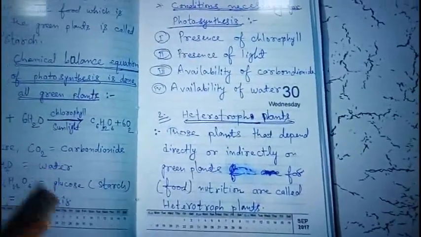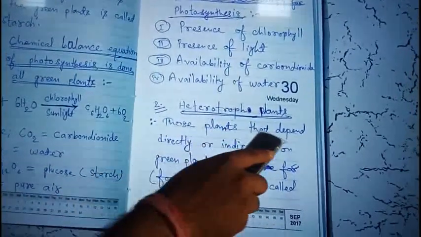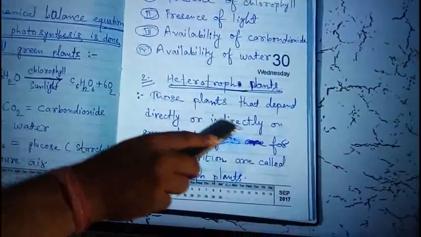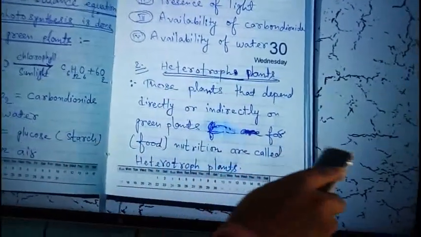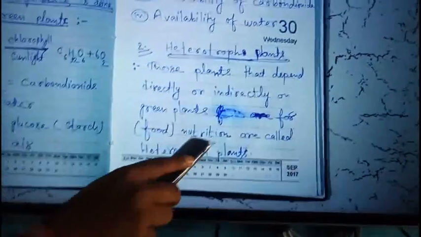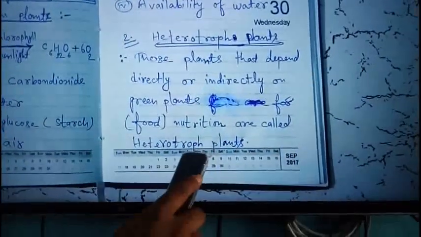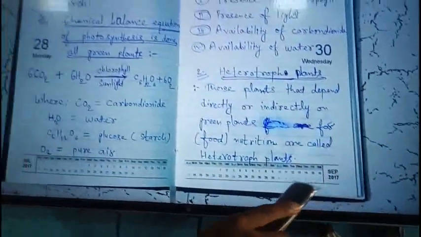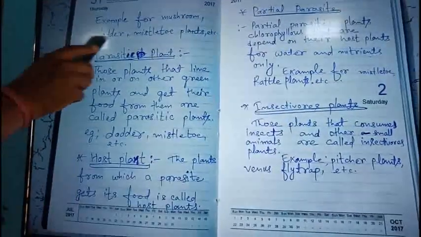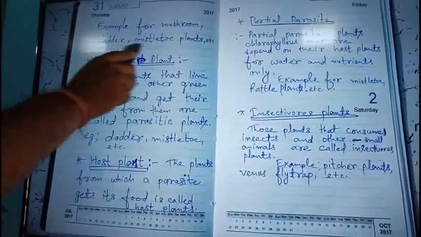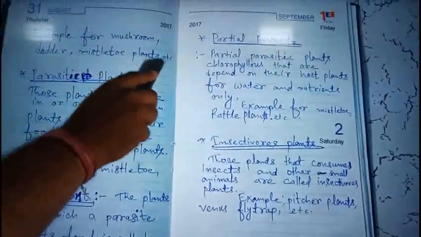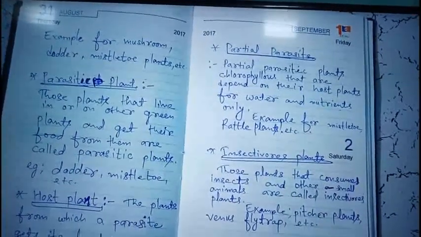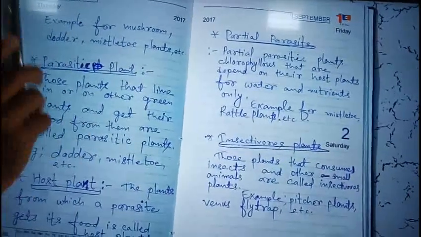Now we are going to talk about heterotrophic plants. Those plants that depend directly or indirectly on green plants for their food nutrition are called heterotrophic plants. Examples are mushroom, dodder, mistletoe plants, etc. Now we are going to talk about parasitic plants.